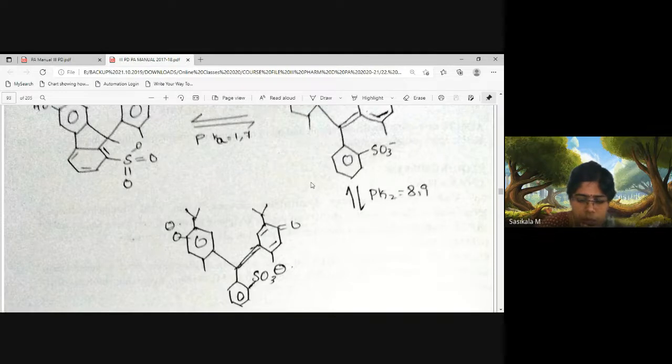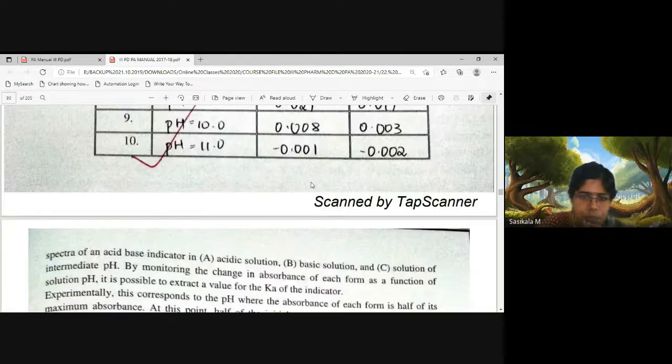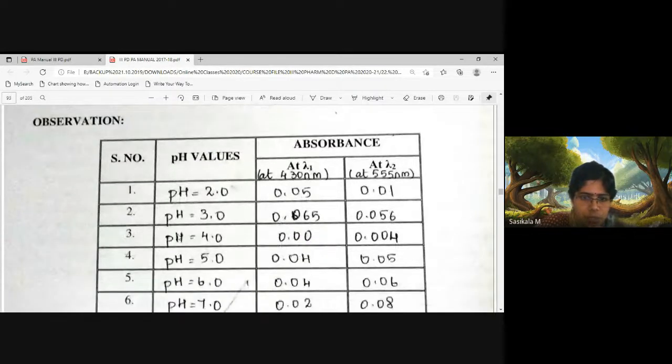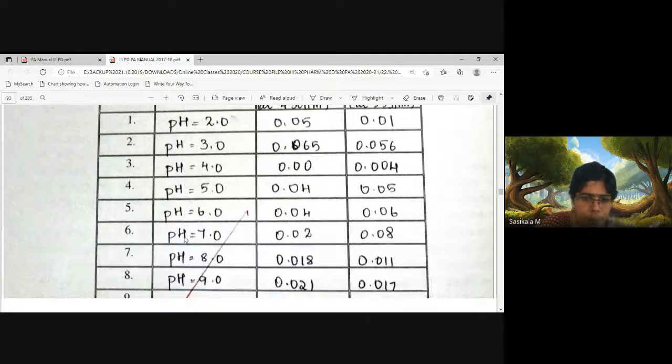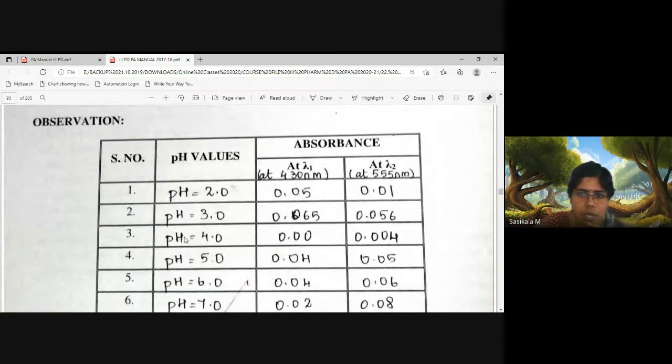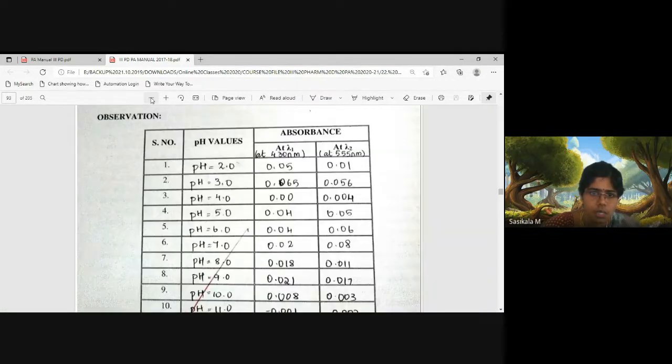So you have to write this chemical reaction and then copy down the values from pH 2 to pH 11 given here, at 430 nanometer and 555 nanometer. Note down these readings in your observation. Then you need to plot the graph and get it signed.